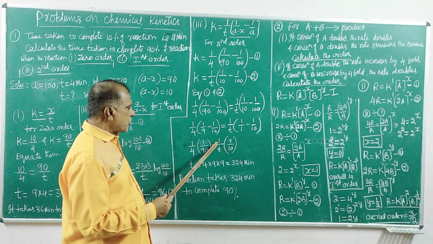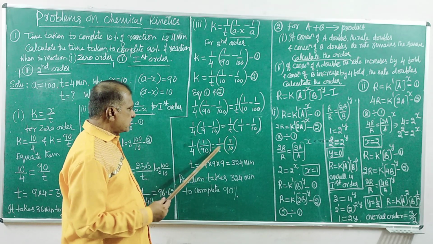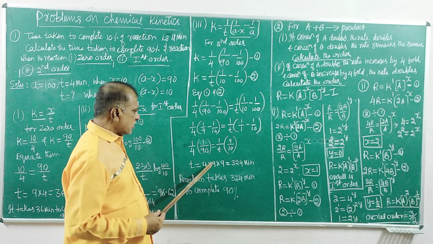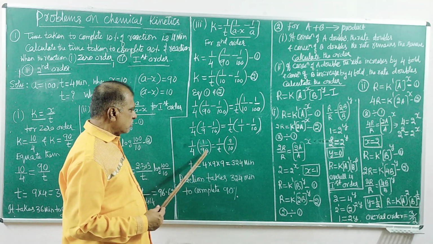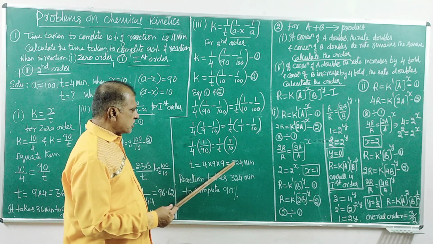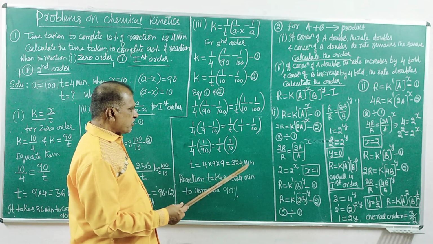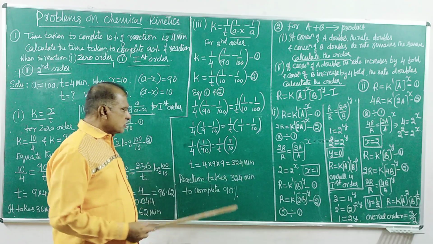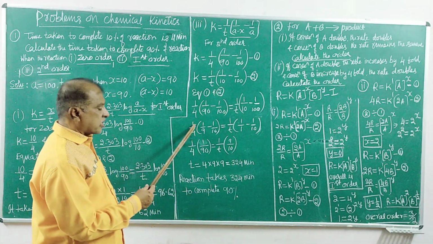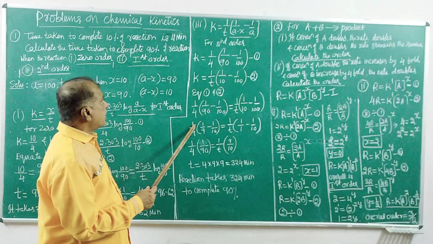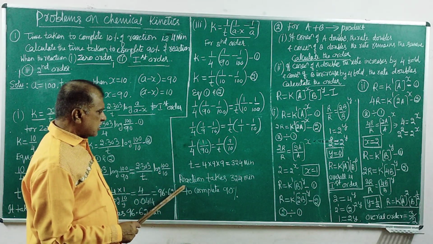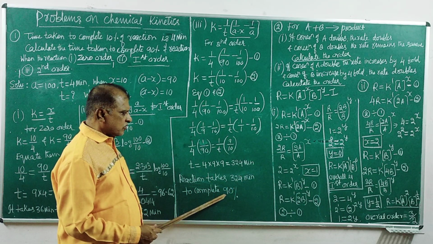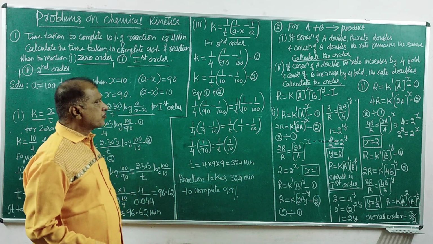So 4 into 9, this is 90, 10, 9 it becomes, cancel 9 and 1. 4 into 9 into 9 equals 324 minutes. So t equals this value. If the reaction is second order, it takes 324 minutes for the completion of 90% of the reaction.